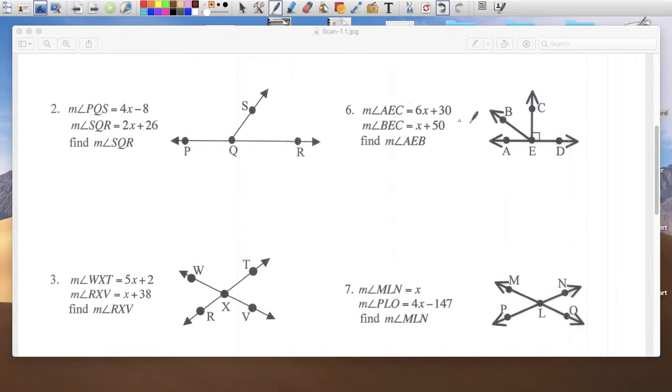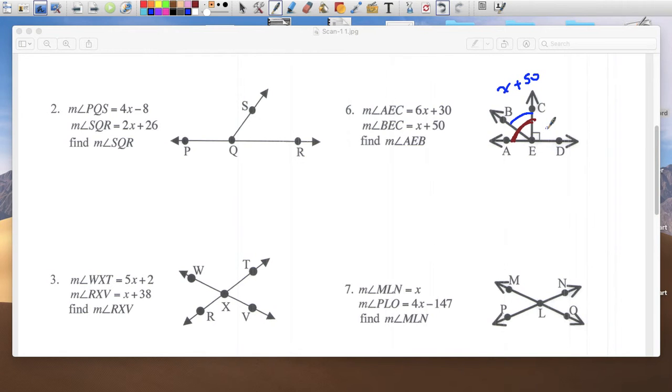Number 6. Angle AEC is 6x plus 30. BEC is x plus 50. Find angle AEB. So angle AEC, which is, hopefully you can see this whole thing, is 6x plus 30. Angle BEC, which is the small part, I'm going to put in blue, is x plus 50.